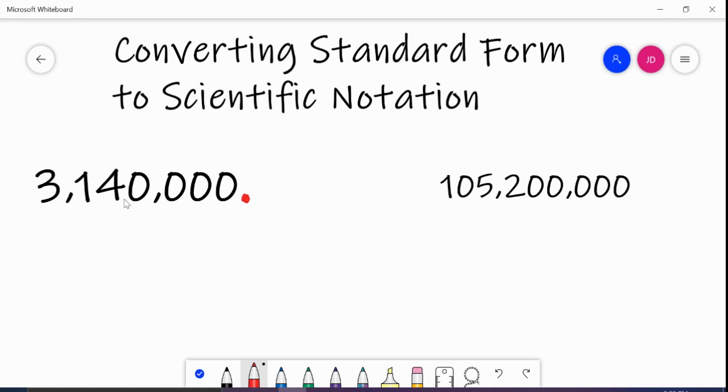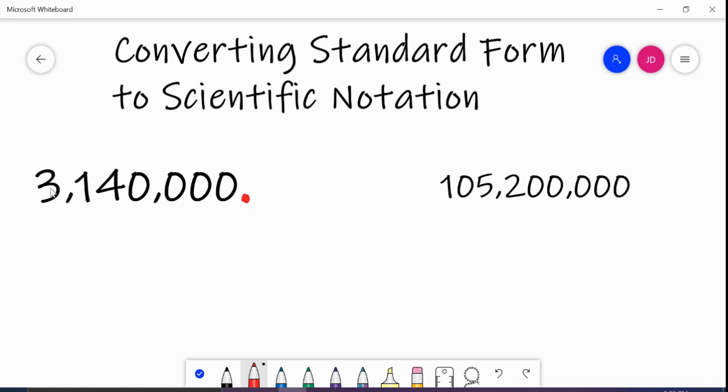Then I read the number from left to right and see where the first non-zero digit is, and then draw a little arrowhead after it. So starting from left to right, here's 3, my first non-zero digit.